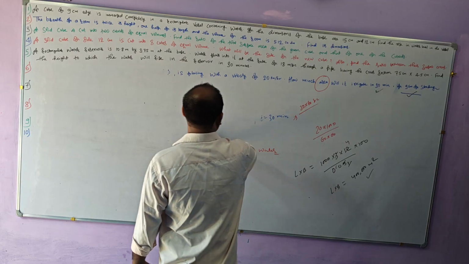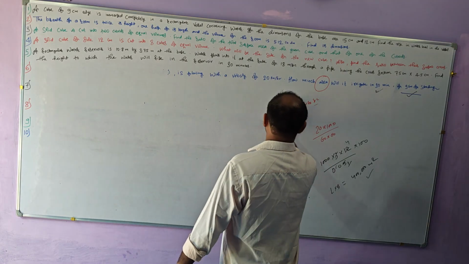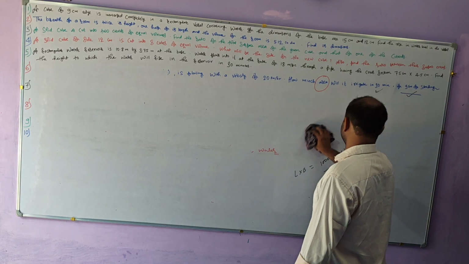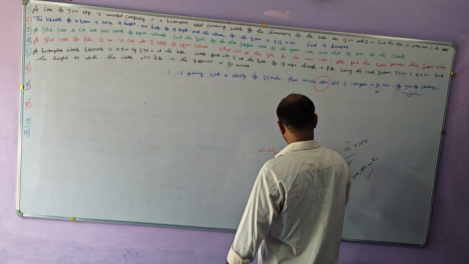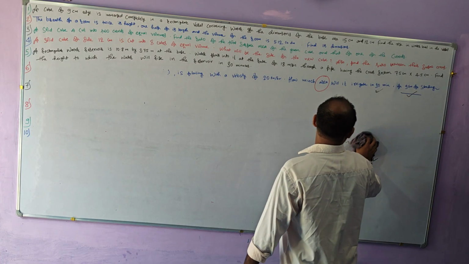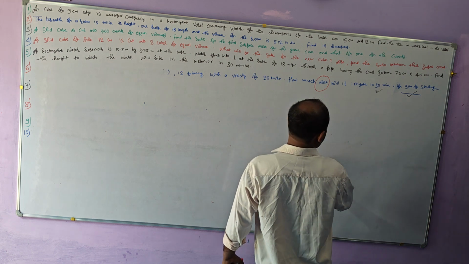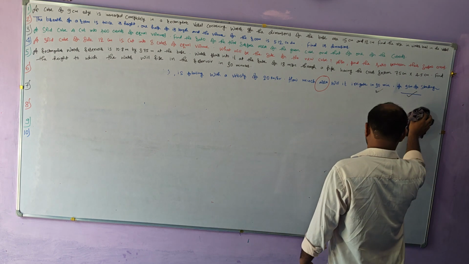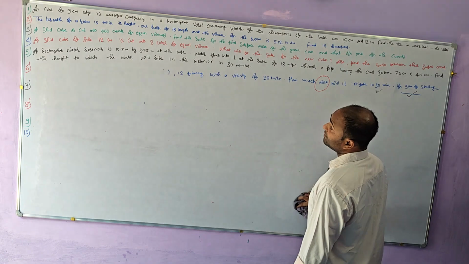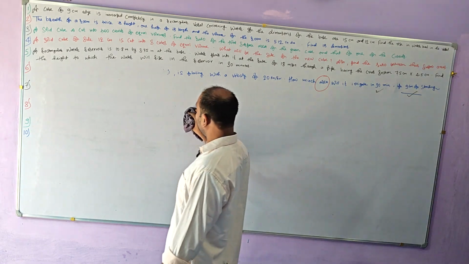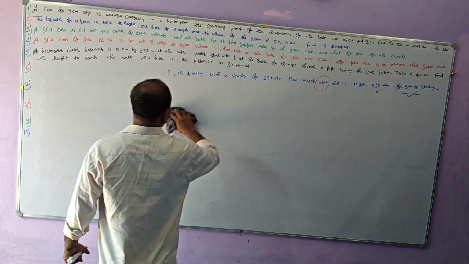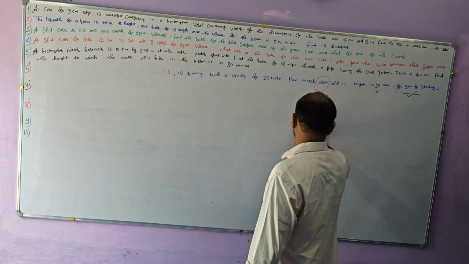Water flows into it at a rate of 18 meter per second through a pipe having the cross section 7.5 centimeter by 4.5 centimeter. Find the height to which the water will rise in the reservoir in 30 minutes.